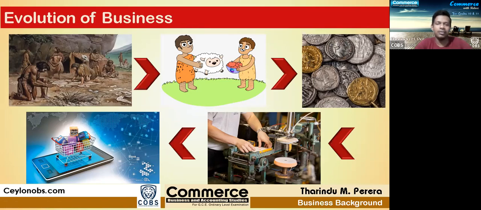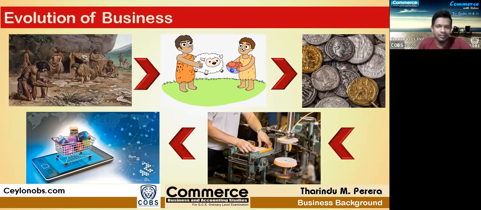Because of using notes and coins, people were very busy, so they used to produce machines and produce goods through these machines. We call that the industrial revolution. For history, you are doing history in Sinhala medium.